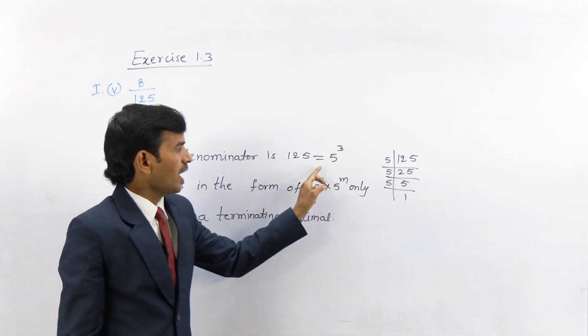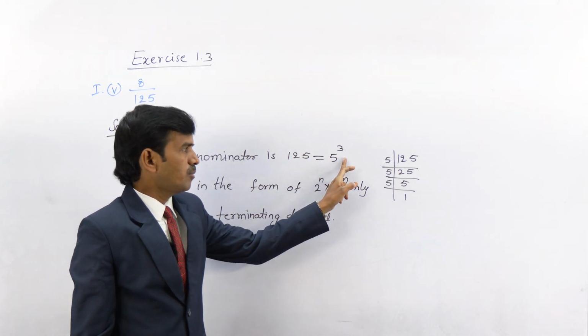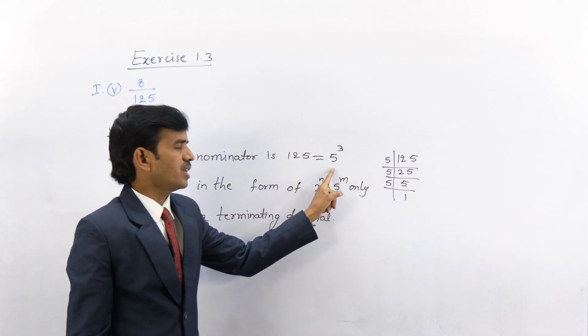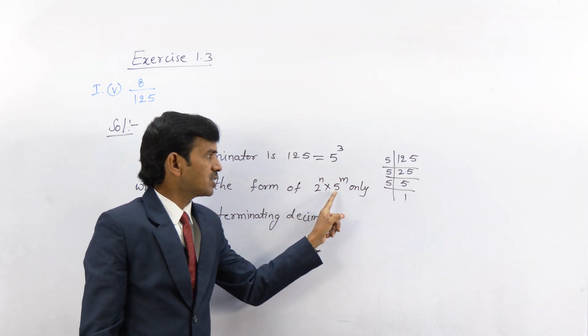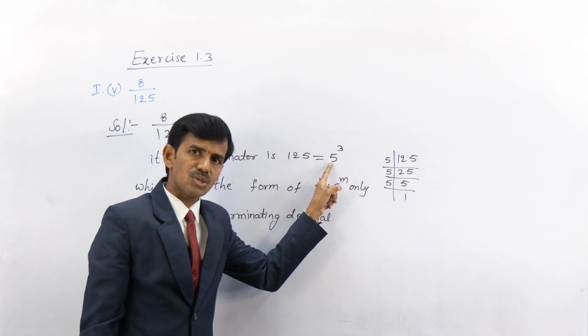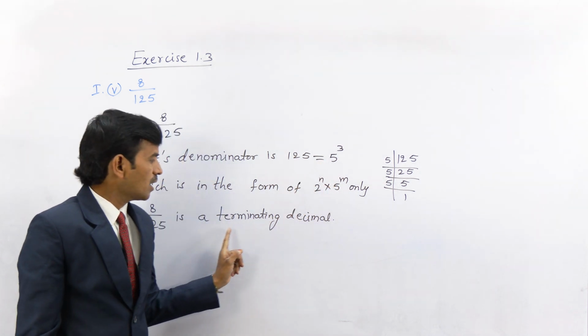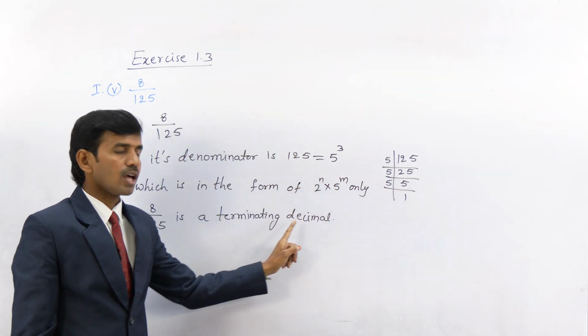So 2 power n is eliminated here, only 5 power m is considered. Therefore if among these two numbers, if any one number exists, that becomes a terminating decimal.